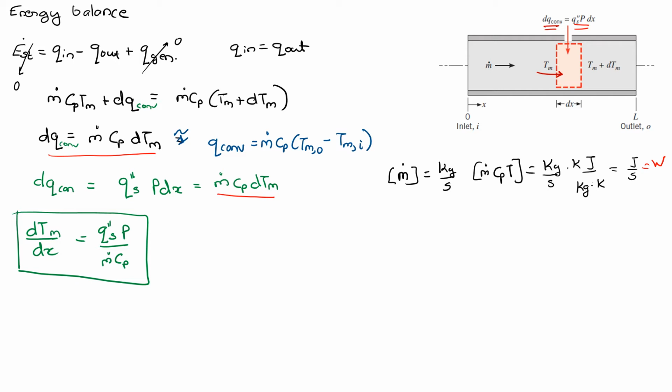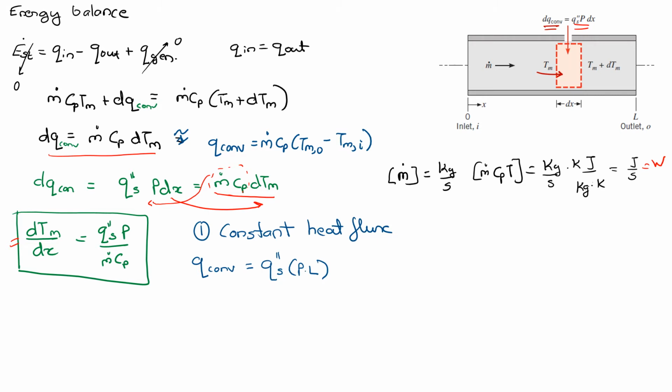And just rearranging a few terms, we can write dTm, take dx this side, take this term in the denominator here. So we get the equation dTm by dx equals q double prime s P divided by m dot cp.